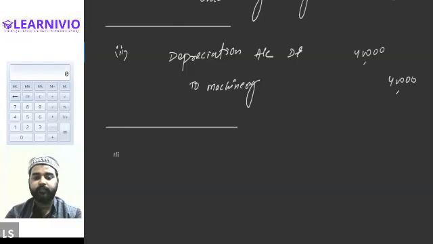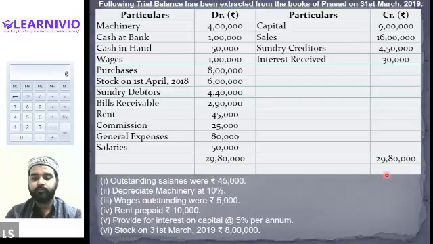Then we have the next information, regarding wages outstanding. Wages outstanding is how much? It is 5,000. Tell me the journal entry for wages outstanding.